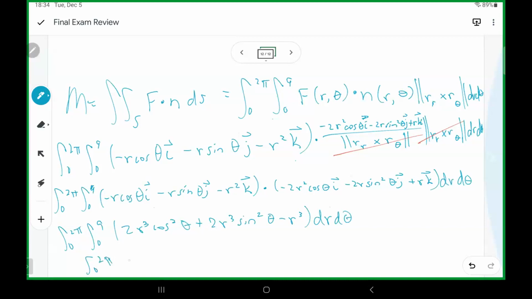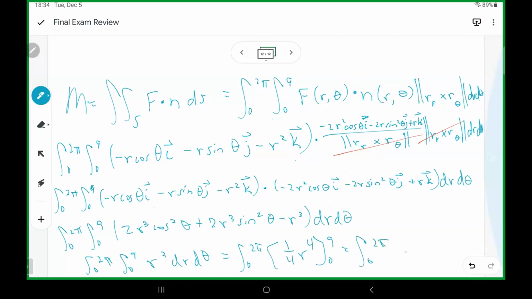0 to 2 pi, 0 to 9, r cubed dr d theta. Then 0 to 2 pi of 1/4 r to the 4th from 0 to 9.